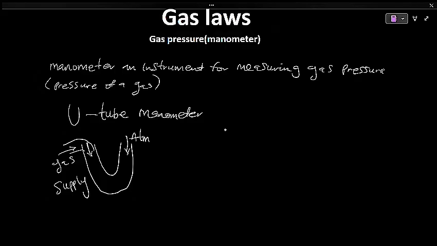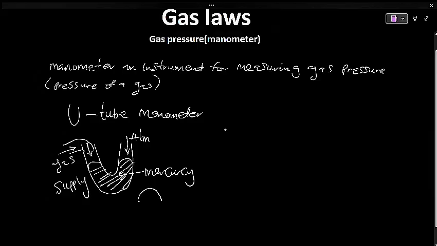The U-tube manometer is either filled with water or mercury. This one is filled with mercury, because it has a convex meniscus.